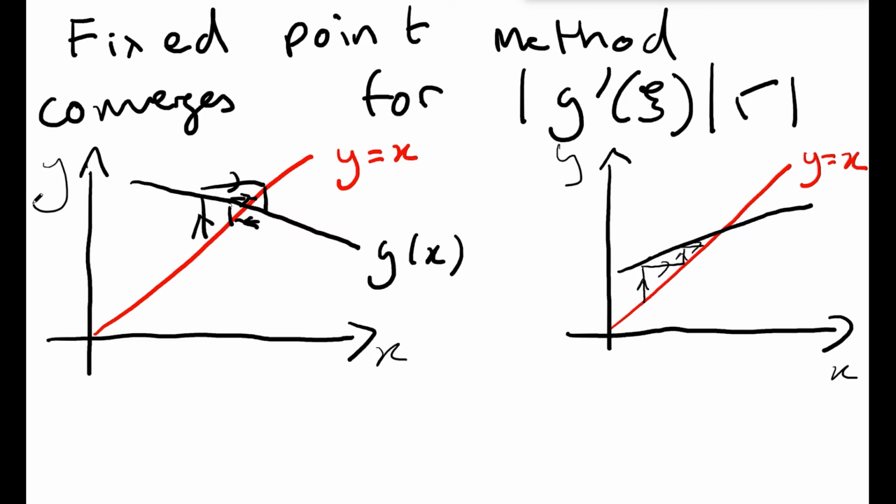So that pretty much finishes all I want to say about fixed point for the time being. The thing to remember is it's a linear convergence and it depends on g prime.